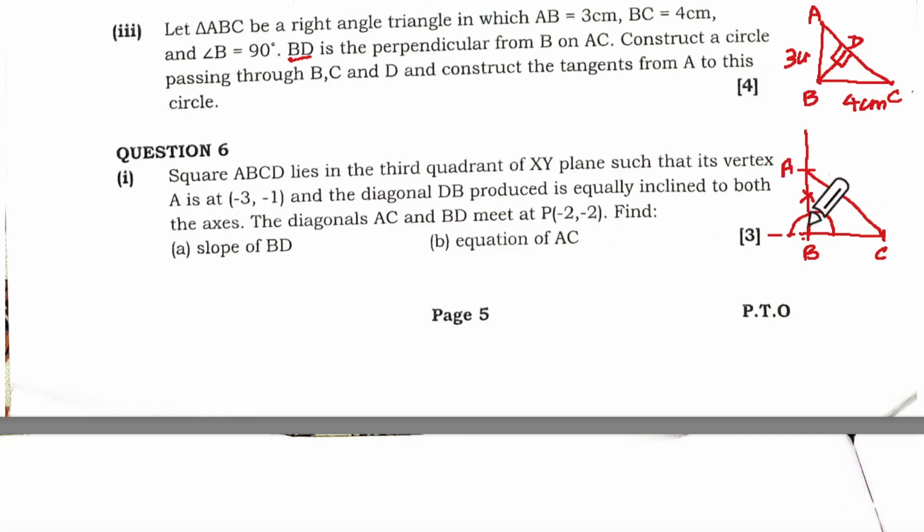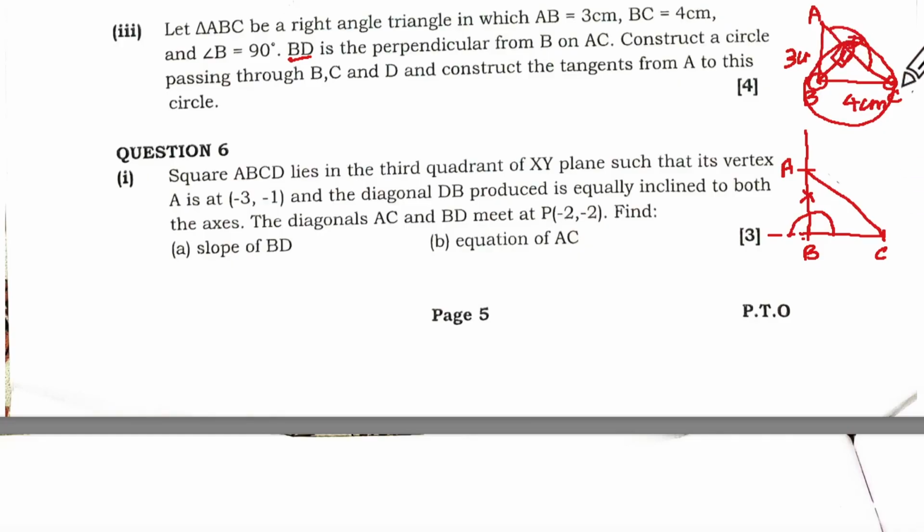If they said construct BD, then from B you would have to draw like this, and from here and here you would have to do like this and get this. Understood what I am saying? But what are they telling you? That BD is the perpendicular and construct the circle passing through B, D and C. That means this will have to be like this, a semicircle. Understanding?